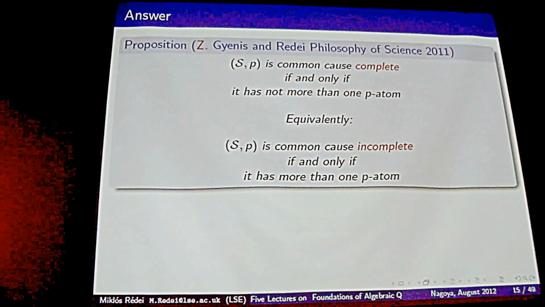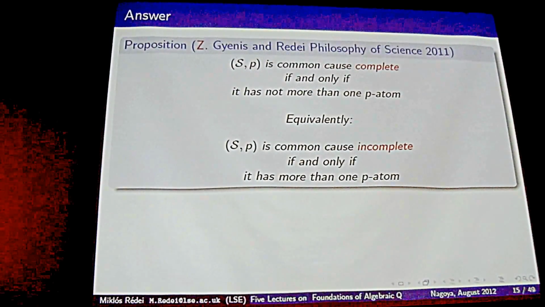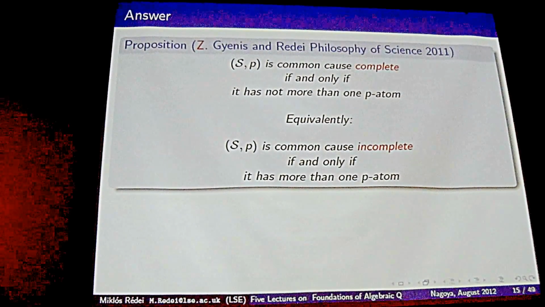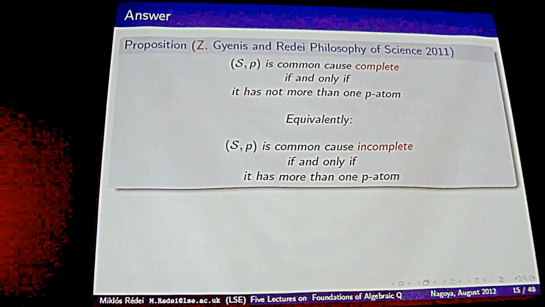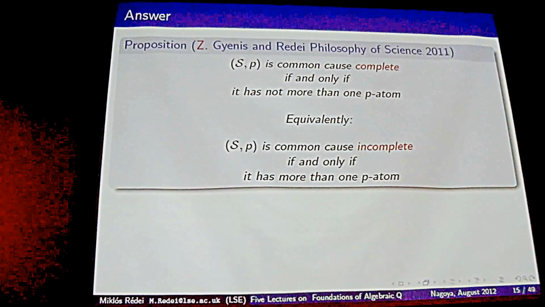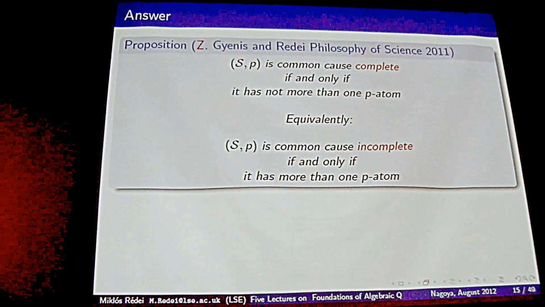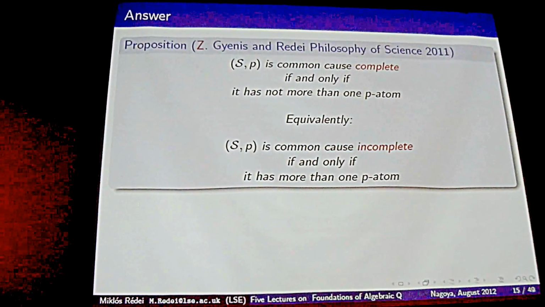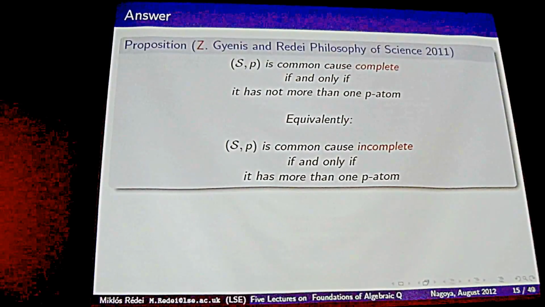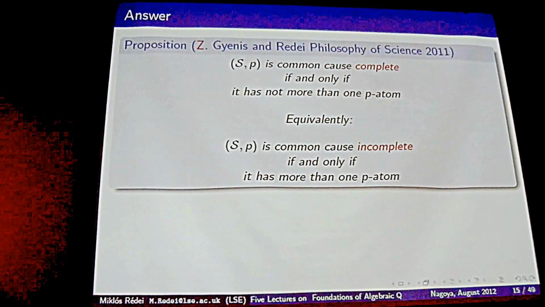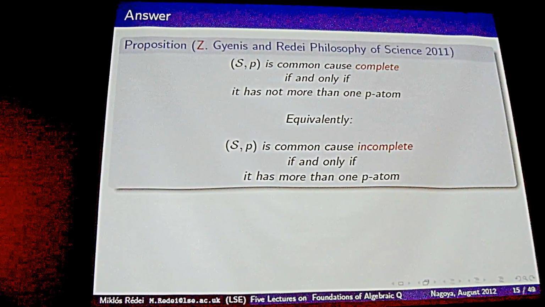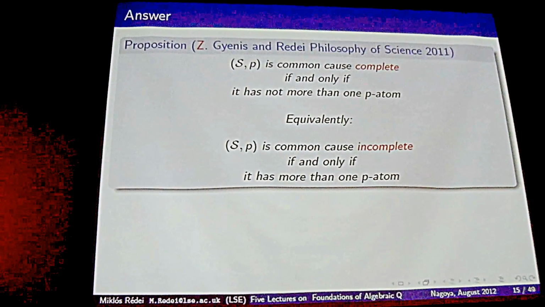Or putting it differently, a space is common cause incomplete if and only if it has more than one p atom. So essentially, what this says is that common cause complete spaces are essentially purely non-atomic.